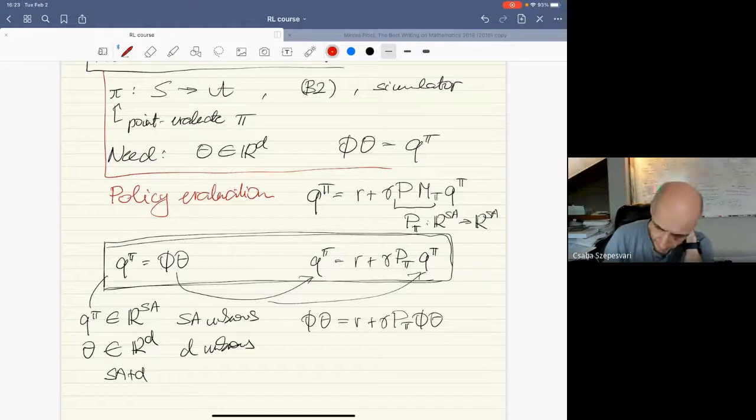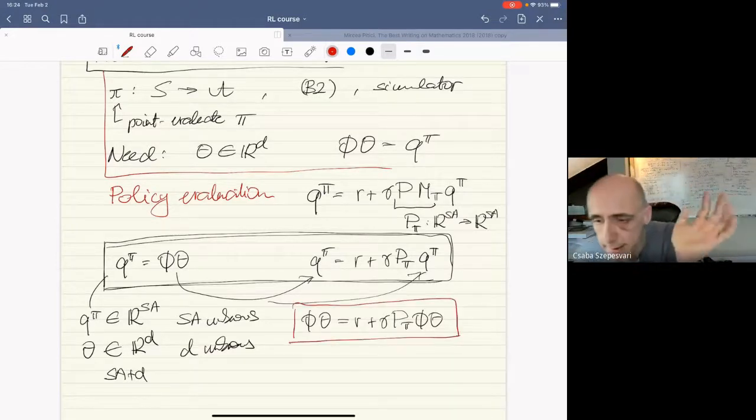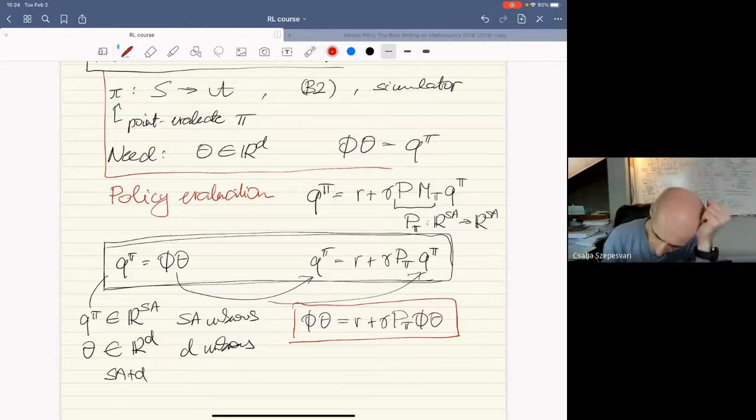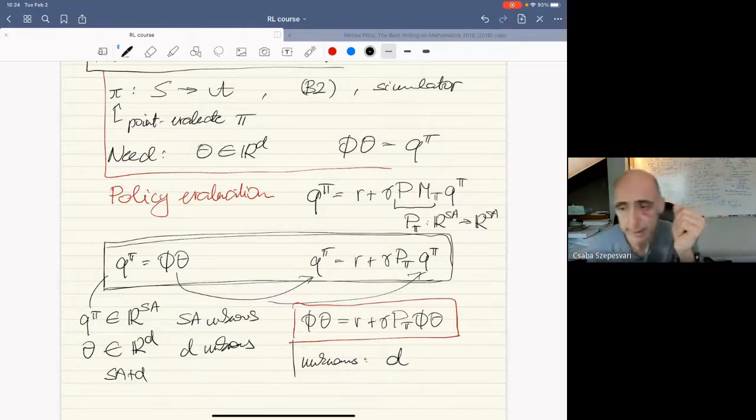After doing the plug-in, we eliminated the big variable, q pi, which was SA values. We just replaced it with phi theta, because we know that it's compressible. And so the number of unknowns here is D. That's hopeful. That's progress, right?